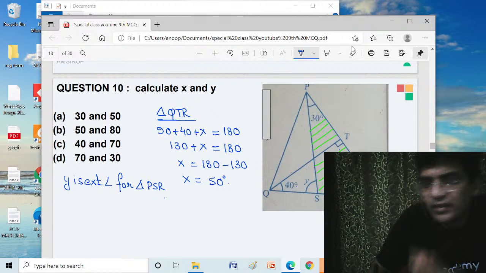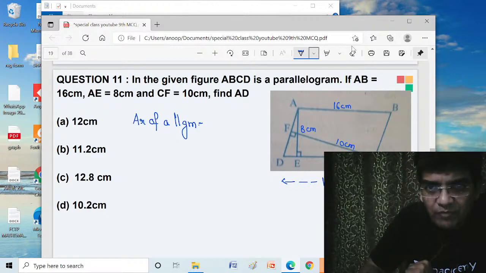Now, first of all, we are going to use the formula for area of a parallelogram. The formula for area of a parallelogram is base into height. Here, the side on which we drop a perpendicular from the opposite vertex is called the base.